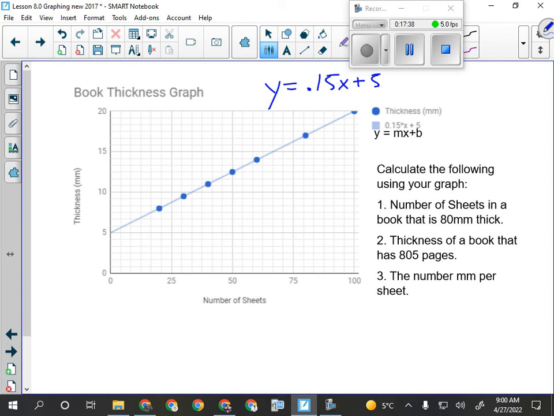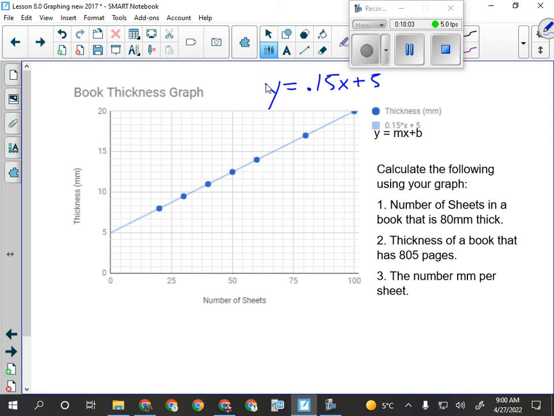So basically it's your starting point for any particular graph. Now, this graph is a graph of book thickness versus the number of sheets. What this graph is telling me is when a book has no sheets, it is going to be about 5 millimeters thick. How is that possible? If it's got no sheets, how can it be 5 millimeters thick?